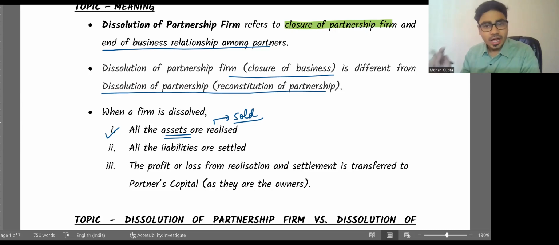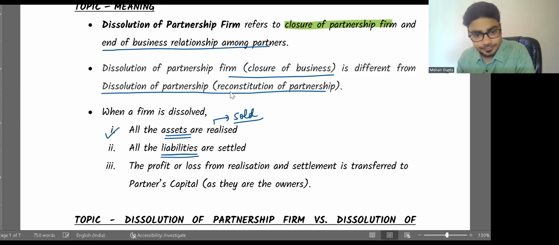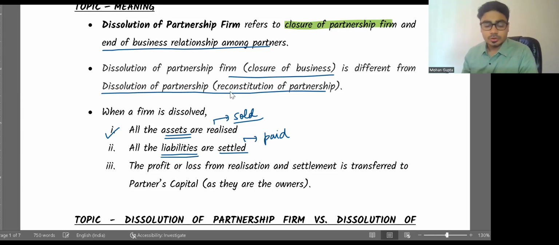Out of the money that they will receive from selling the assets, they will pay the liabilities. So the next step is all the liabilities are paid, and the remaining amount will be distributed among them in their profit sharing ratio.